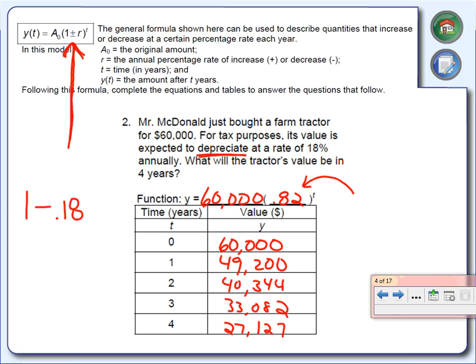Don't say it out loud. I want to see if the rest of us can find it. How many years does it take for the tractor to be worth 0? Nothing. When is the tractor worth nothing?